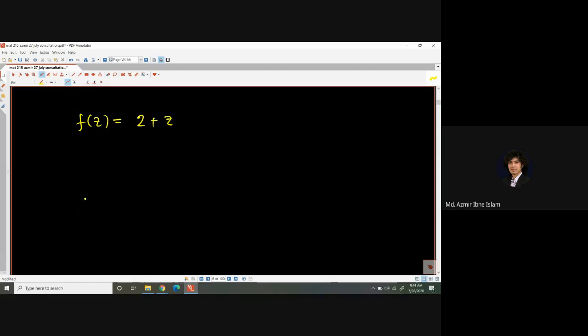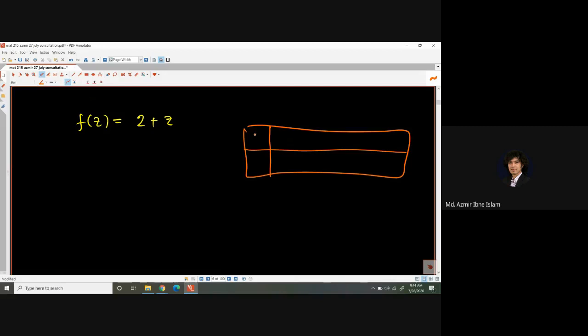I am taking one simple function. Now we can extend our idea just like a real valued function, whatever we have done there. That is, this time we are inputting z and we are denoting the output as w.